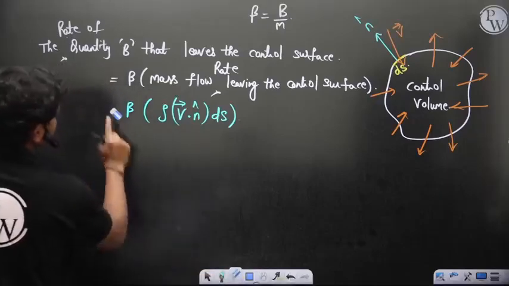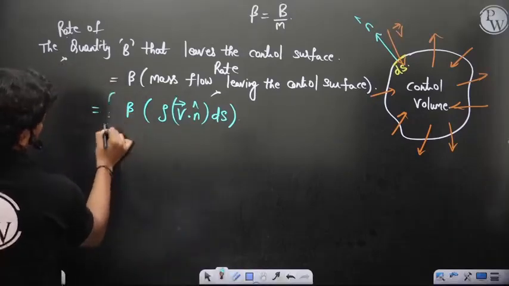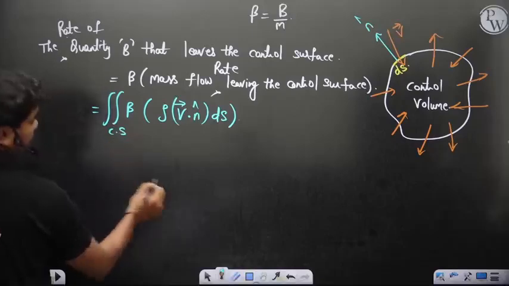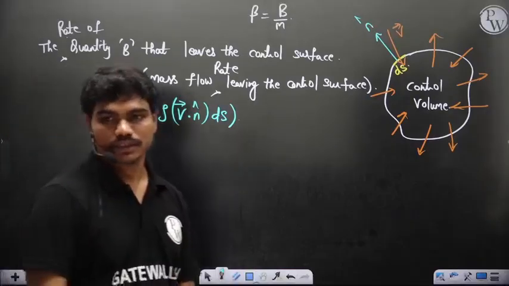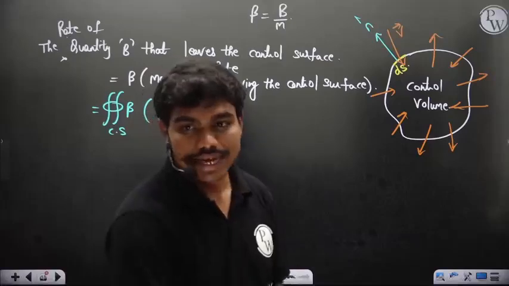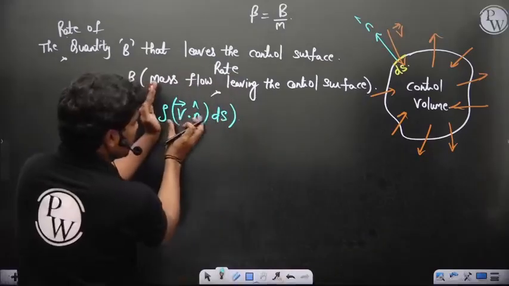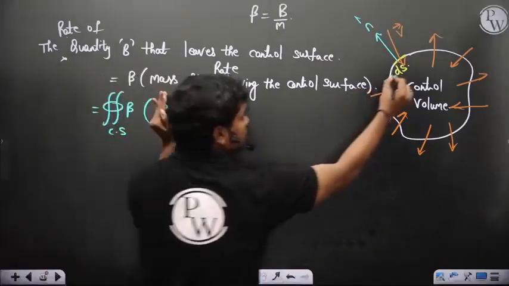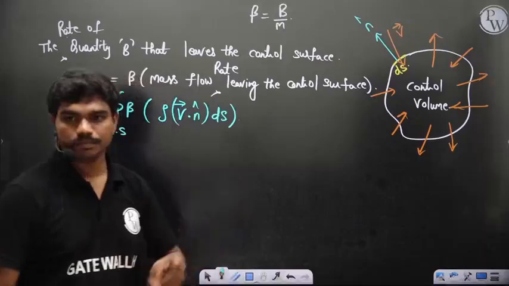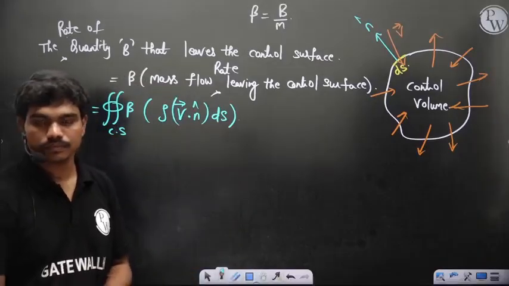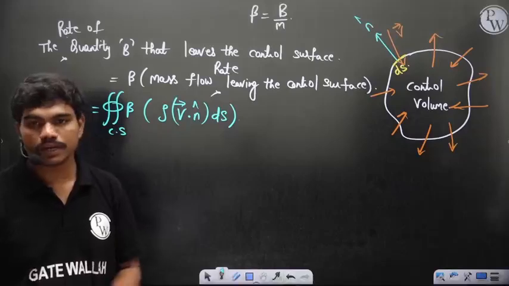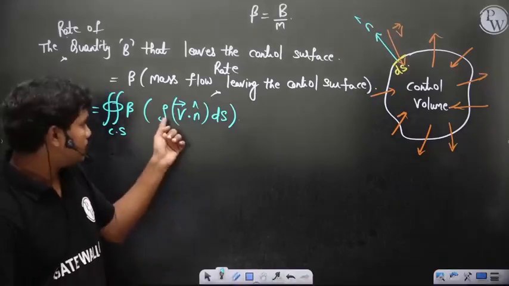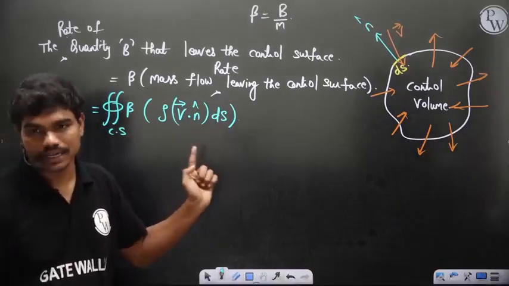I have to put an integral over the control surface, but this surface is closed in this case, that's why I have this expression. Beta times rho v dot n cap dS.